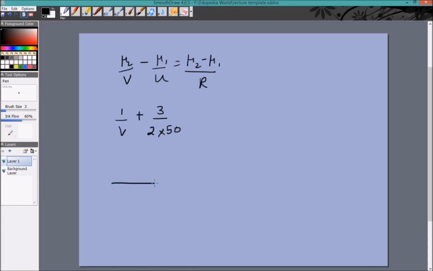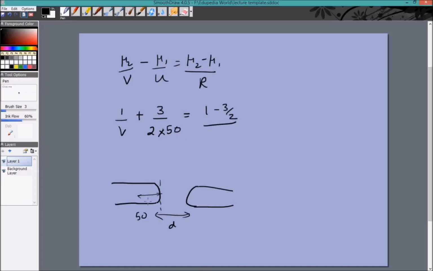Let me just draw the figure here again. This is D, this is 50. So we are writing the equation from this point of view, so minus 50. So this is equal to 1 minus 3 by 2 by the radius of curvature.